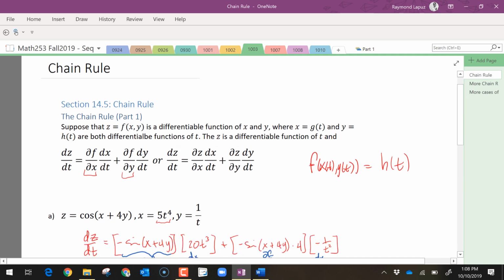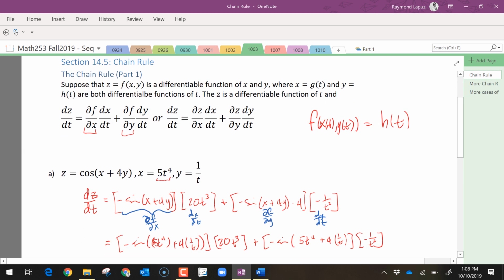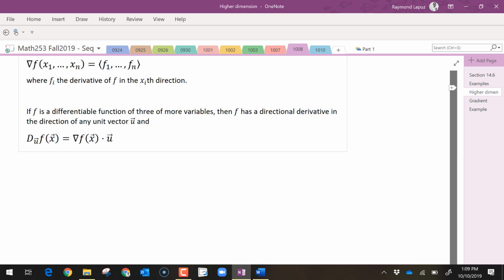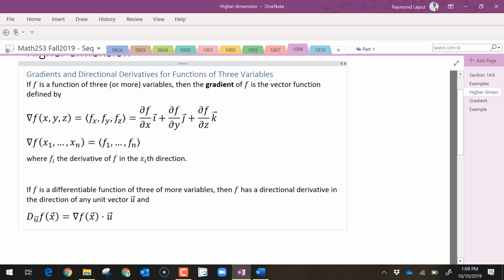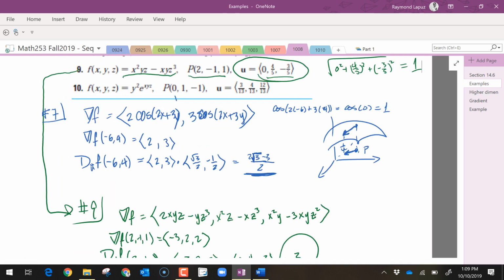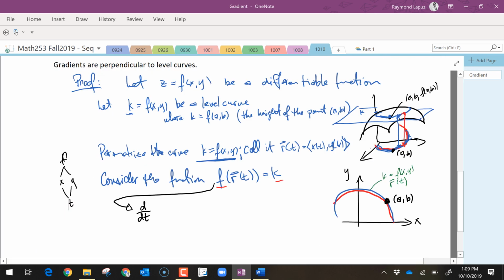This is when we first started doing the chain rule, right? And actually, from last lecture, when we introduced the gradient, oh, it's not here. Never mind.